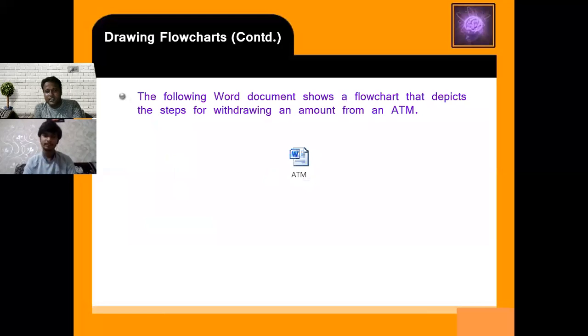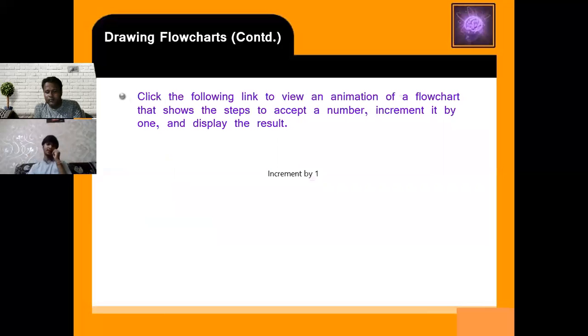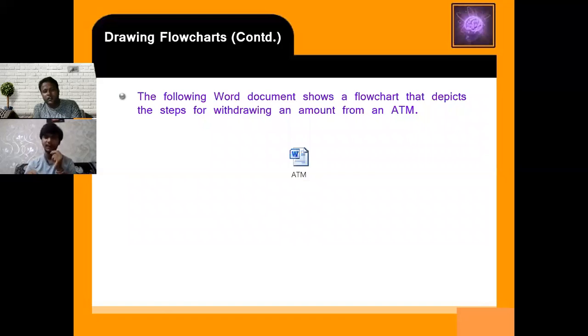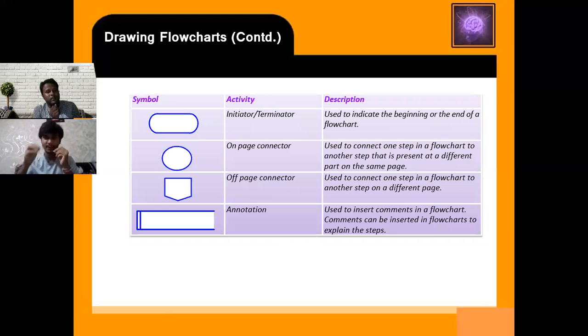Sir, where are these symbols actually used? In analysis, when developing software, you gather the information from the customer, and at that time you represent the customer's problem as a flowchart. By knowing the flowchart, the developer can write the code.